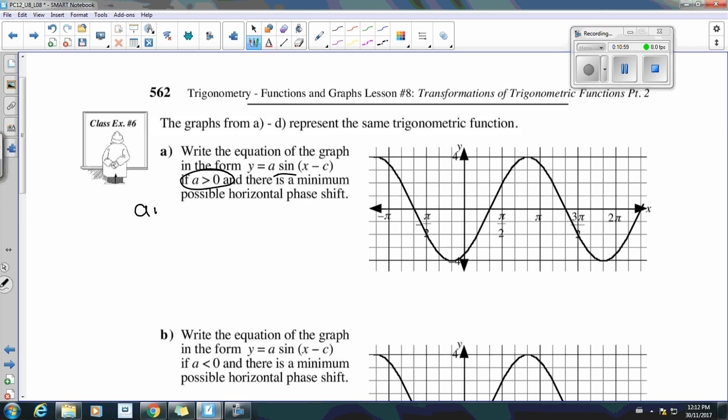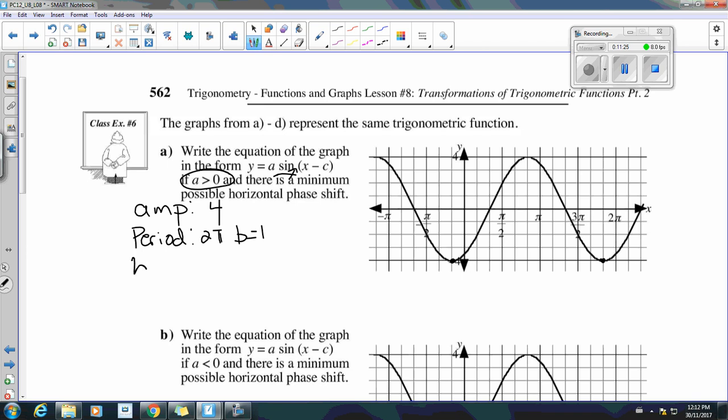Here we know that the amplitude is 4. You have a maximum of 4 and a minimum of negative 4. The period here is 2 pi. It starts here, goes here, it repeats itself at 2 pi, which means our b value is 1, which is what it referred us to here.